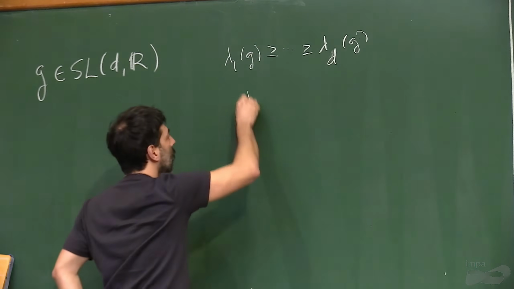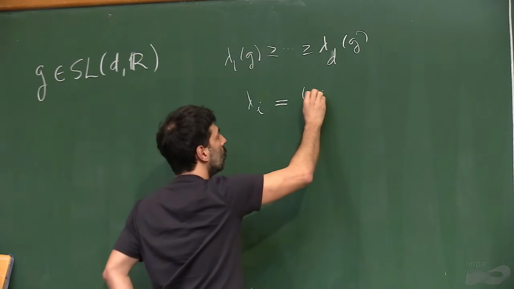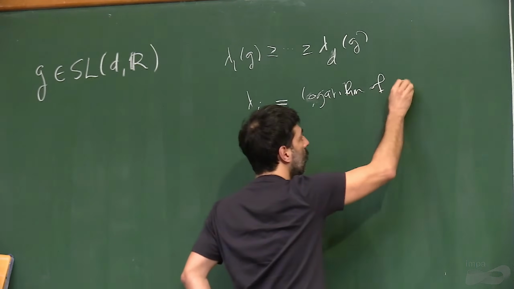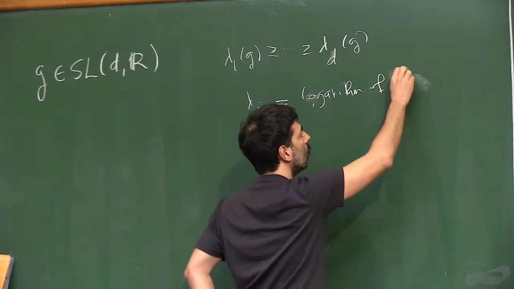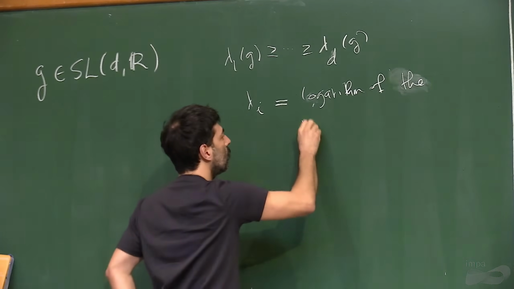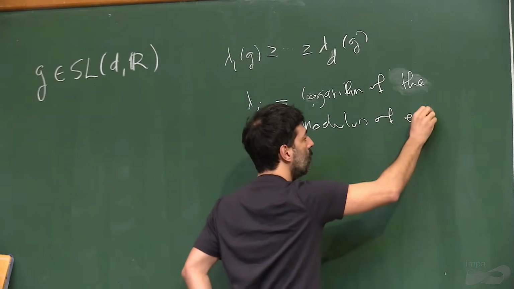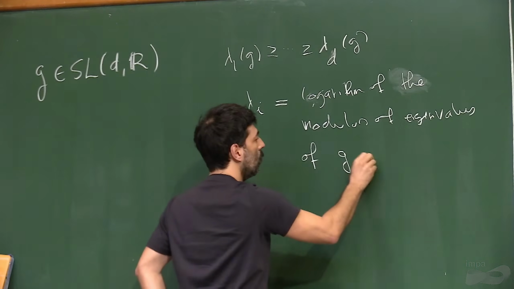So essentially the lambda i are the logarithm of the modulus of the eigenvalues of g, with multiplicity.